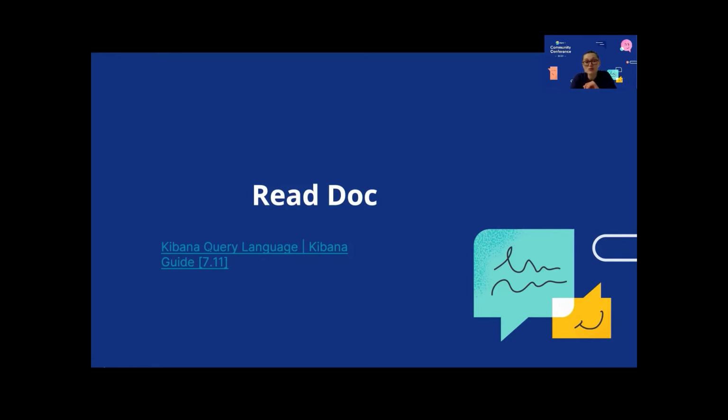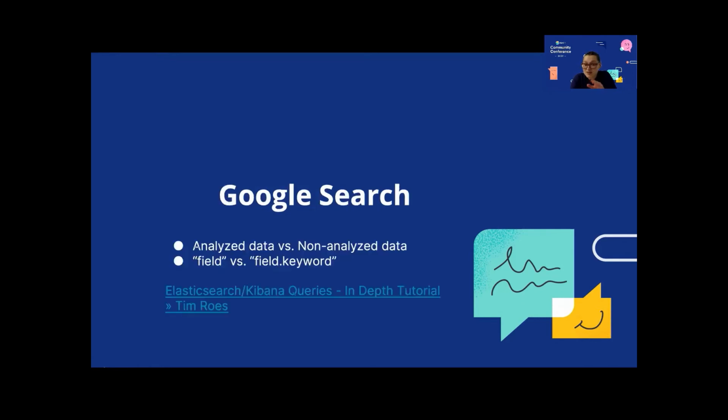So I turned to my Google friend, where I stumbled upon a blog post which explained why we may or may not find what we are searching for in Elasticsearch, and why some queries in Kibana give us what we expect or not.